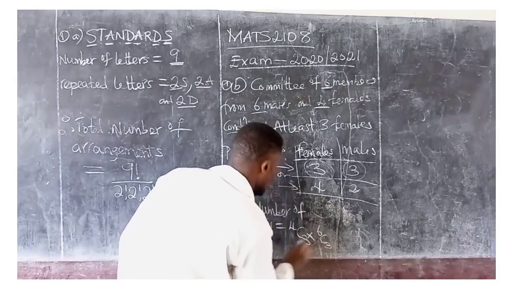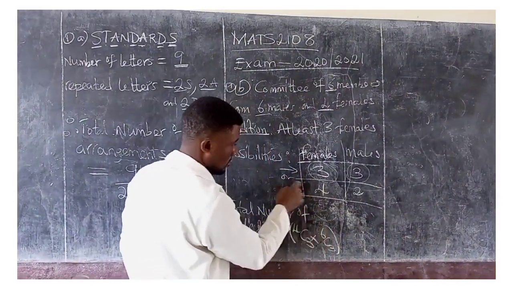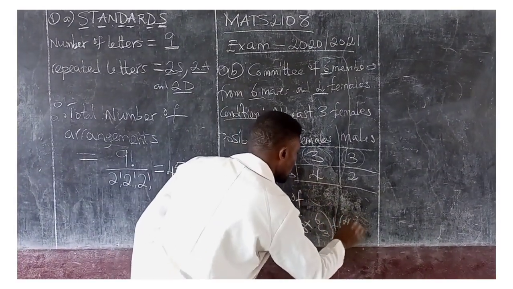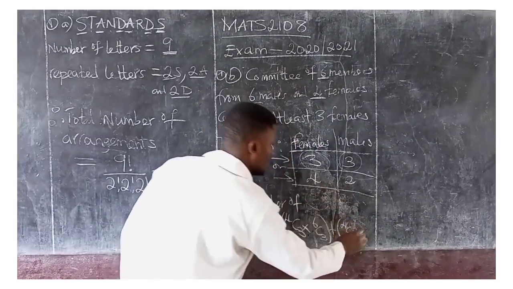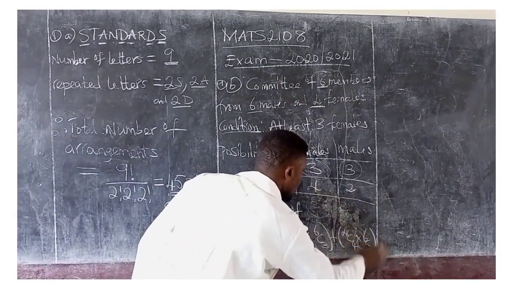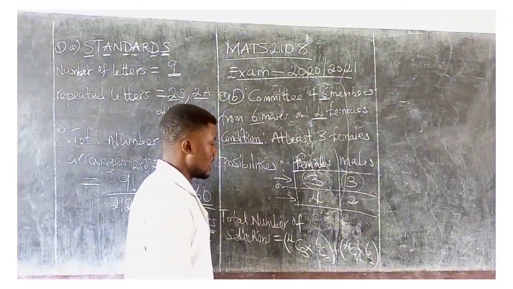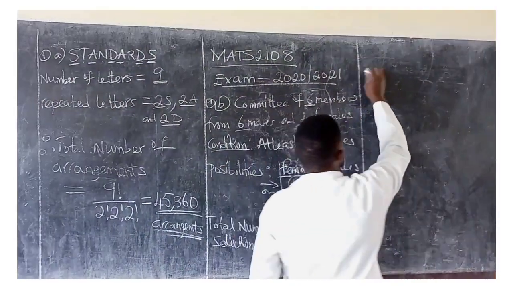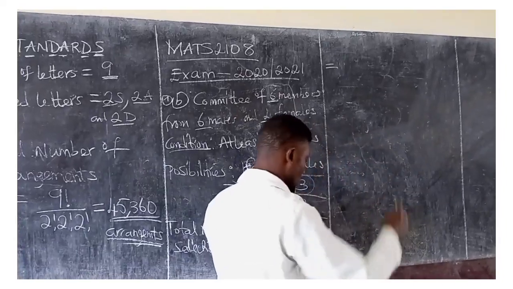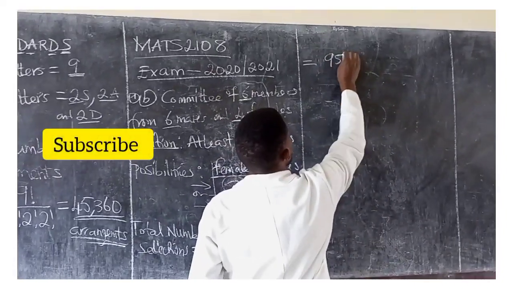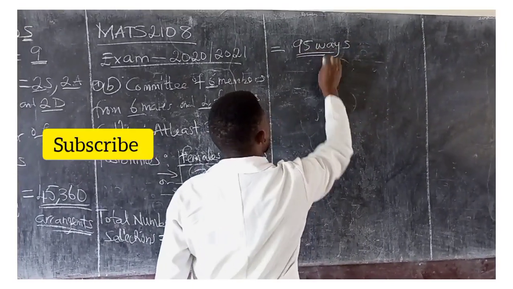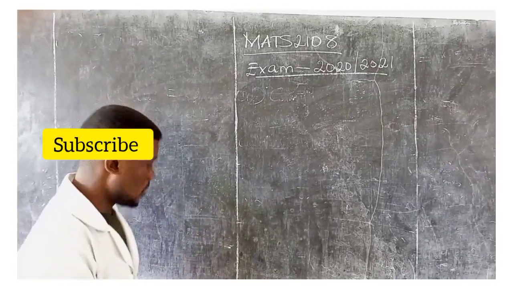So we have it this way. Or we select 4 females out of 4 and 2 males out of 6, the 6 combination 2 ways. This is going to give us 95 ways. That is for question number 1.